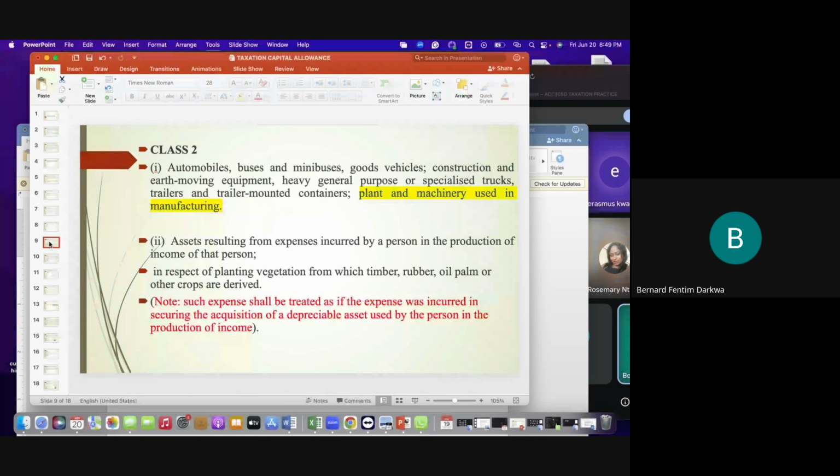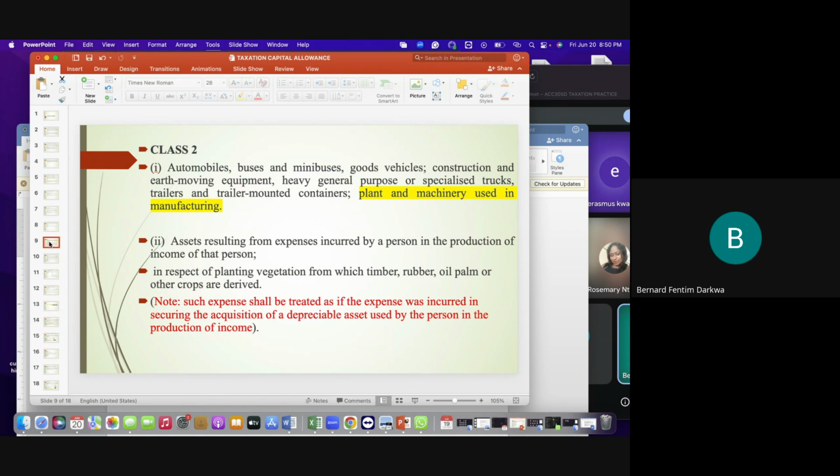But if it's plant and machinery not used in a manufacturing company, or just in any office, it's class 3. So you have to be very careful with plant and machinery. But if it is plant and machinery and they don't say that it is used in manufacturing, then you classify it as class 3 assets.